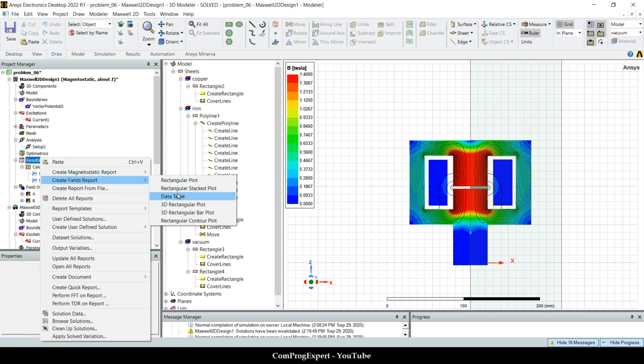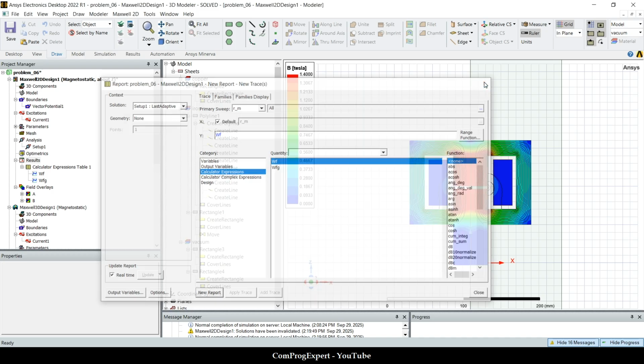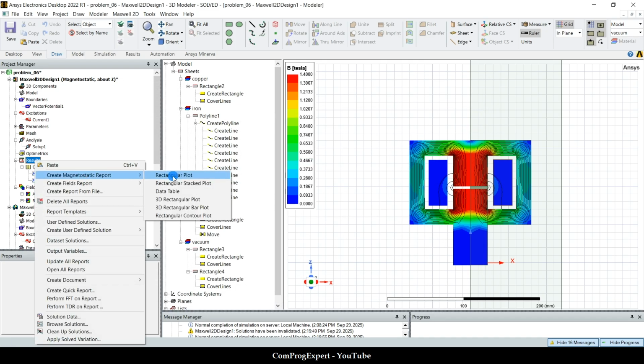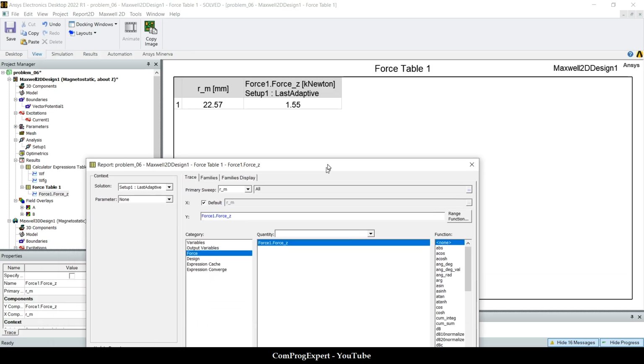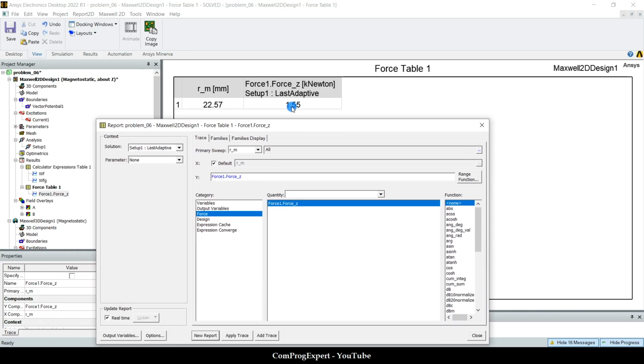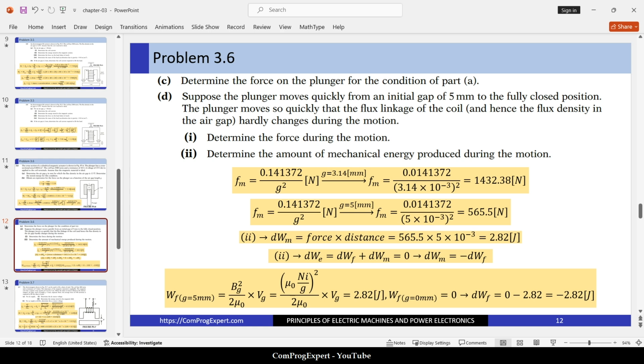Build report data table. No, the magnetostatic report, force along the Z axis. That is equal to 1.5 kilo Newton. Right? Close to this number, 1.5 kilo Newton.